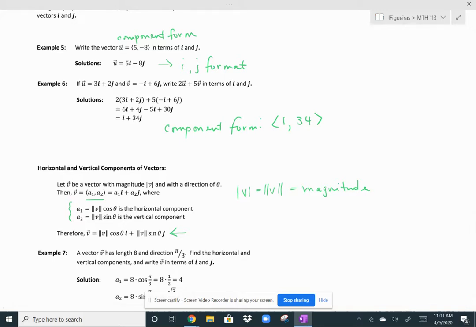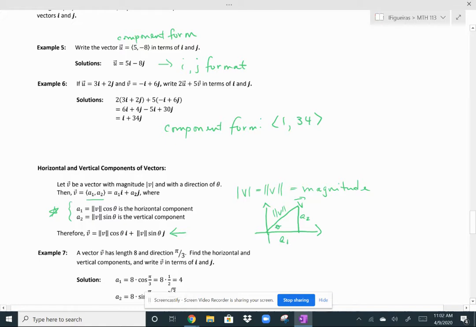So where did this formula come from? It comes from trigonometry. I'm just going to remind you of something that you already know. Again, if I have a vector v with components a sub 1 and a sub 2, and you know the magnitude and the direction, and you need to find a sub 1 and a sub 2.